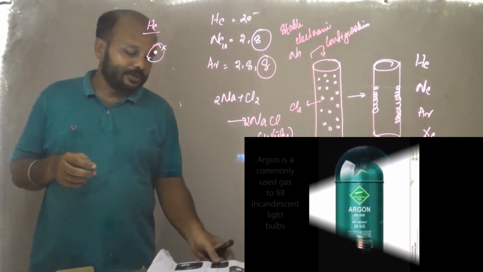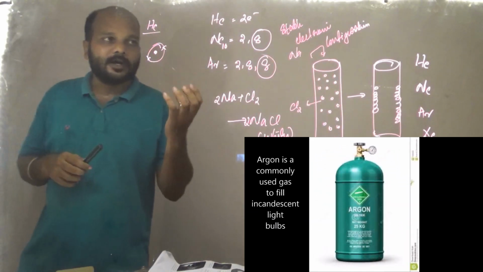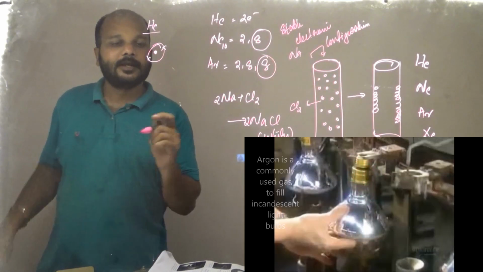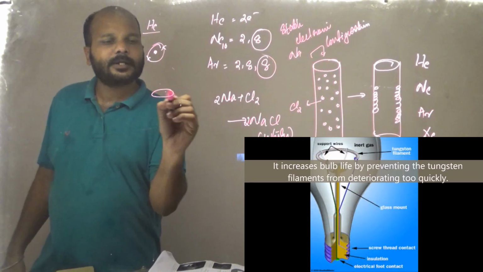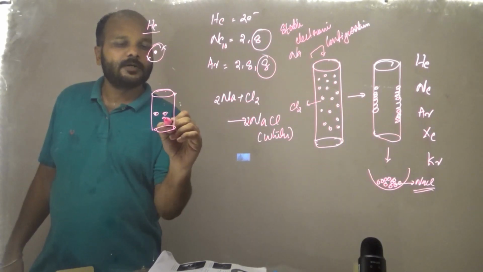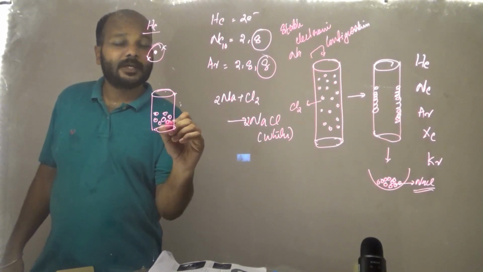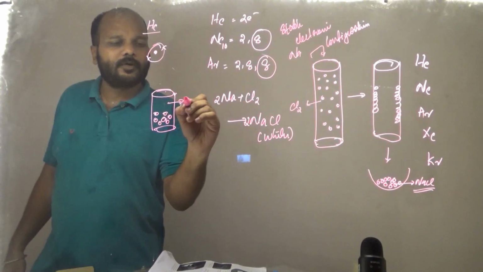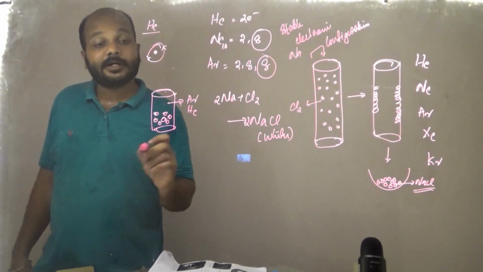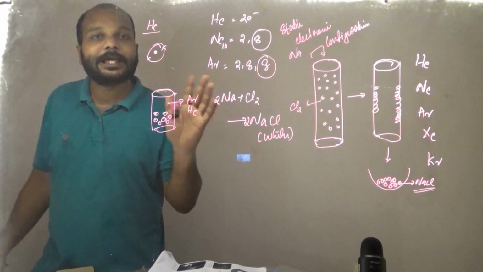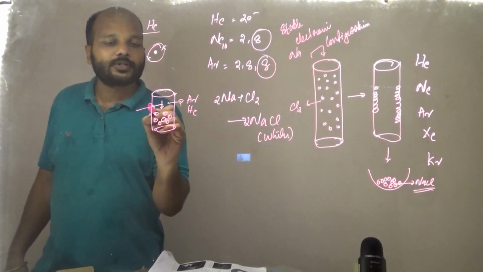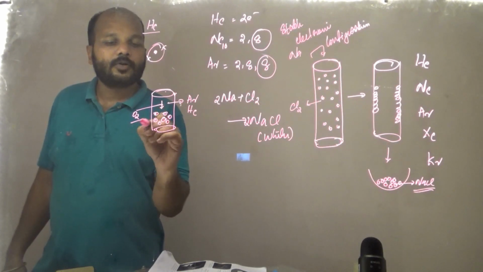Suppose some food bottles, food cans, or some welding material. Let it be food material itself. If you are filling argon or helium, this food will remain without decaying, because the food has to react with the oxygen in order to spoil.